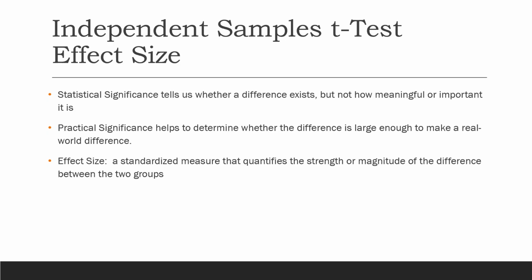The effect size measure, or in general, an effect size, is a standardized measure that quantifies the strength or the magnitude of the differences that we may see in whatever we're studying. In the independent samples t-test, we're studying the differences in those group means, so our effect size will quantify the strength or the magnitude of those differences.